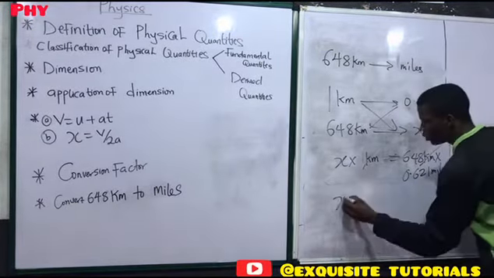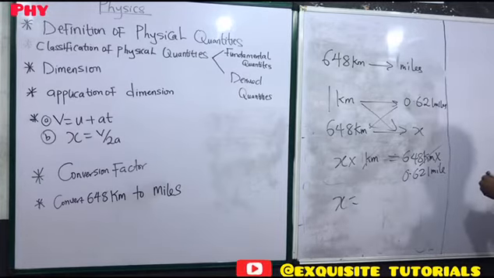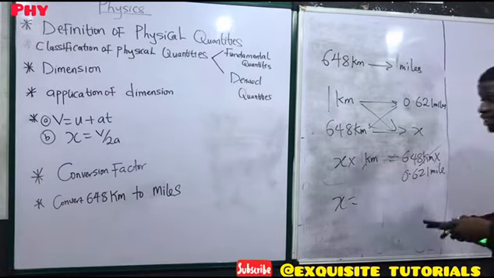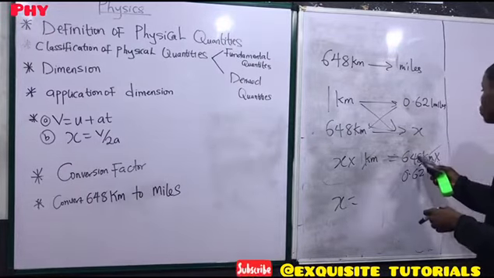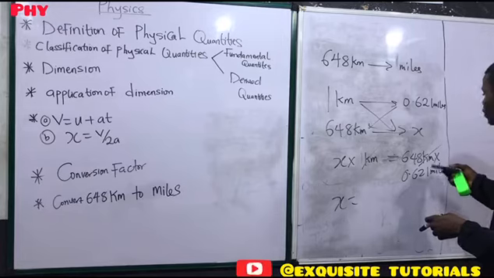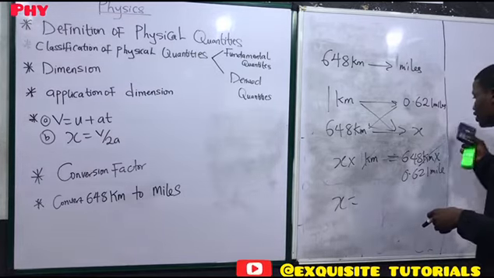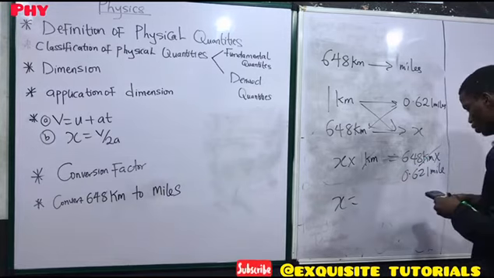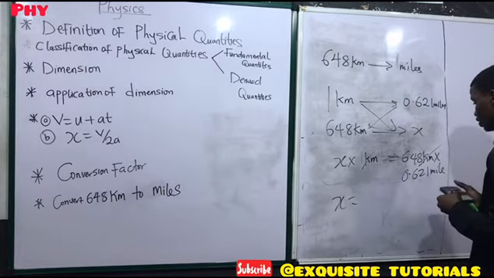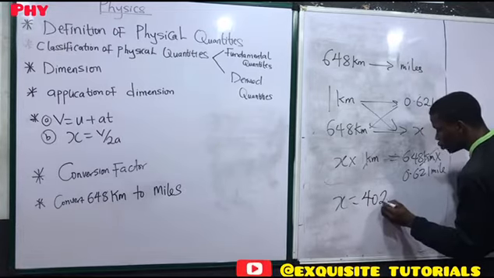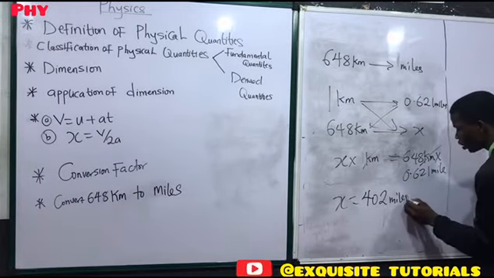So our x will be equal to 0.621 times 648. If you solve it, you have 402 miles as your answer.